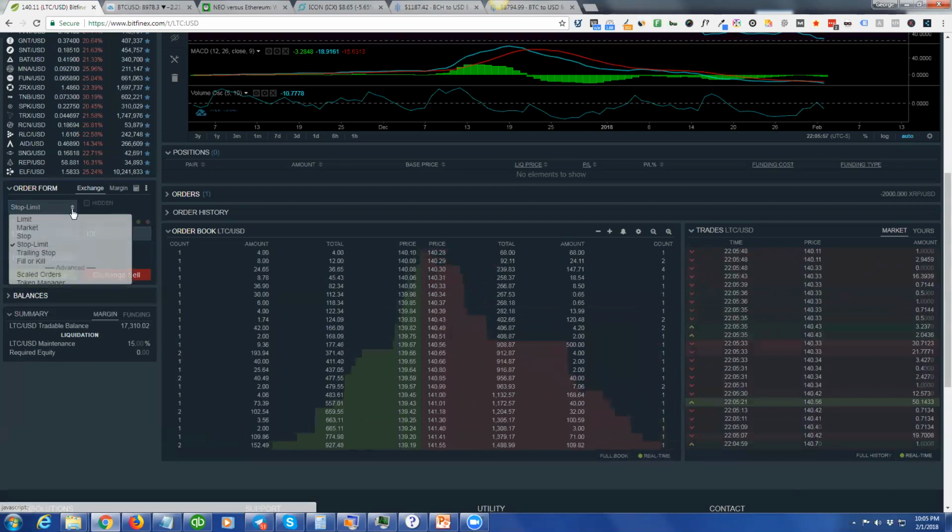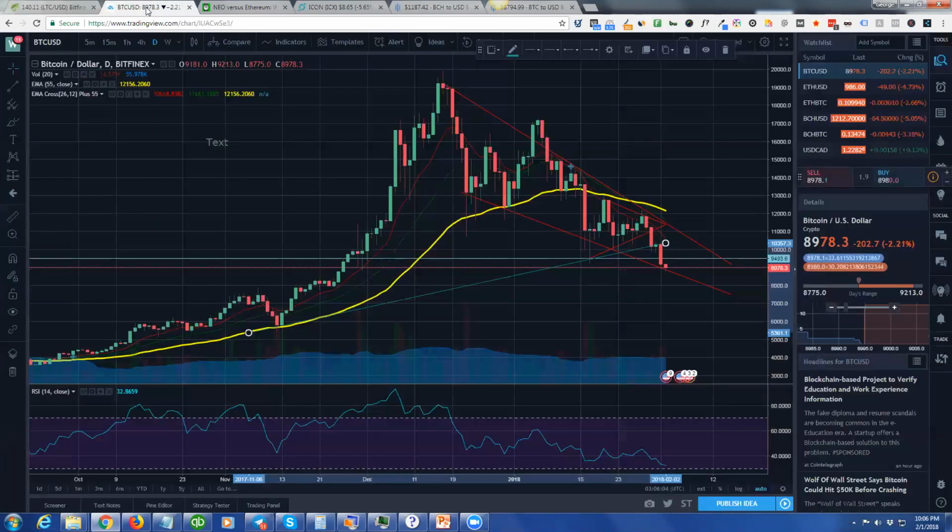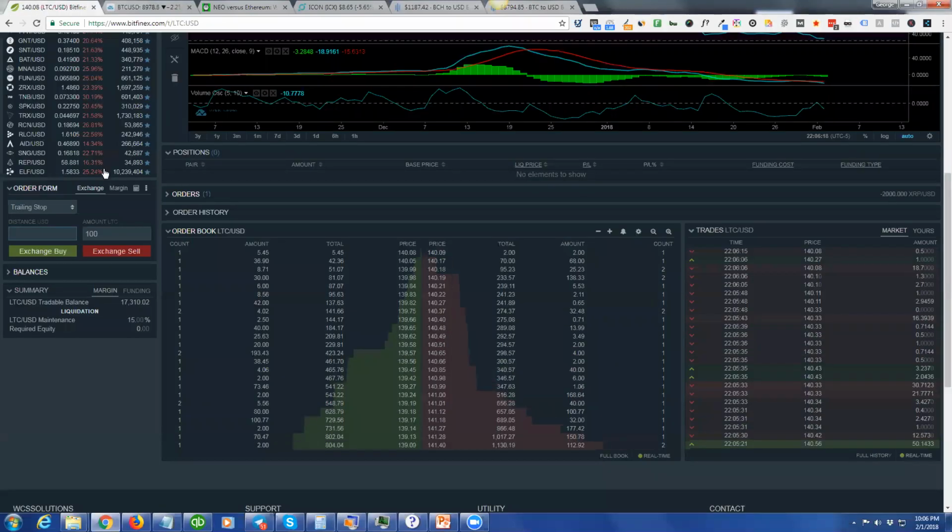And then they also have what they call a trailing stop. I don't know if we talked about it earlier, I said when you buy, you want to put your stop down here, and as the price goes up, you want to follow it up. That's called a trailing stop, but that's a manual trailing stop. Within Bitfinex, you can put a trailing stop and automate the process.